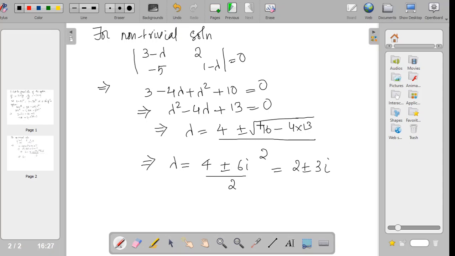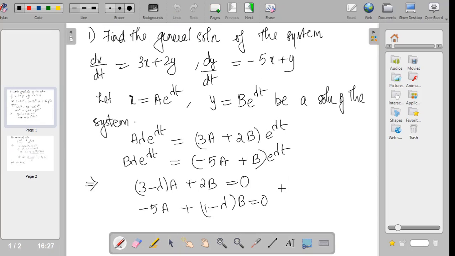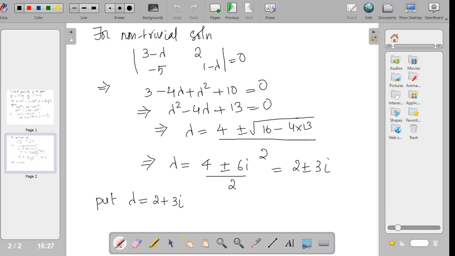So let us substitute lambda equal to 2 plus 3i. Let me call the equation as 1. So put lambda equal to 2 plus 3i in 1.